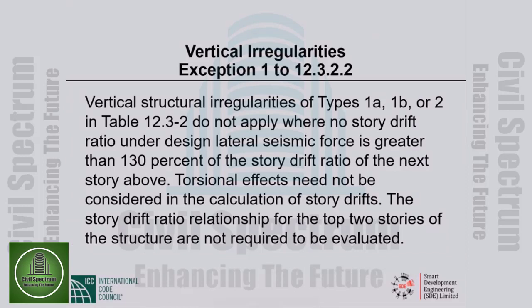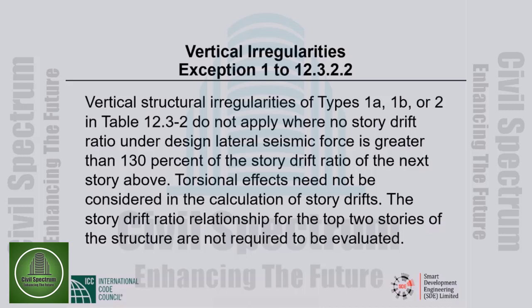Now, this is something I kept in, but I will not spend your time on because you do not have it in BNBC. But ASCE 7 for many editions, including the '05 edition, has a very useful exemption. Okay, let's read this.